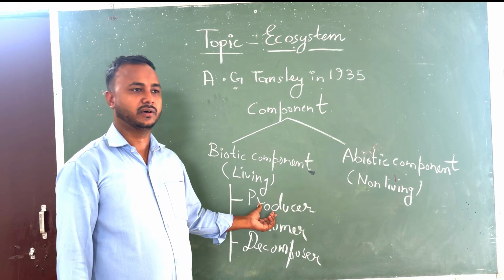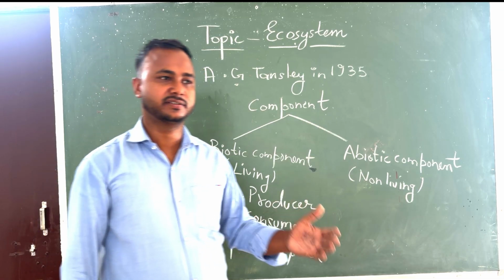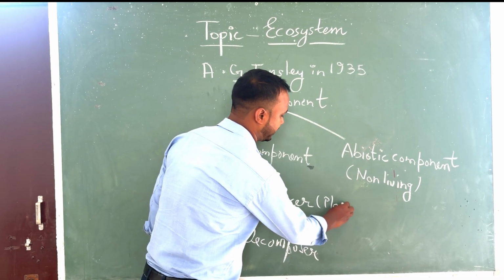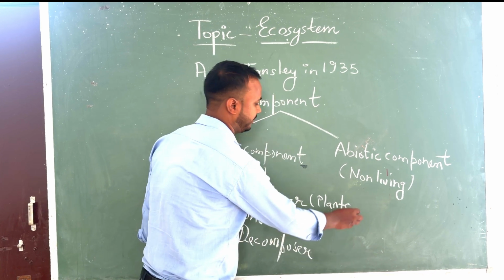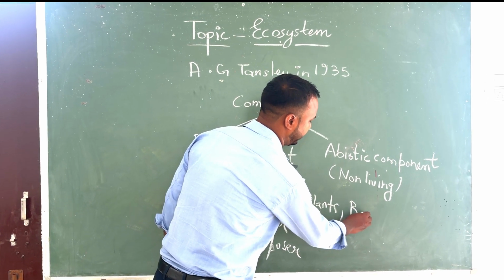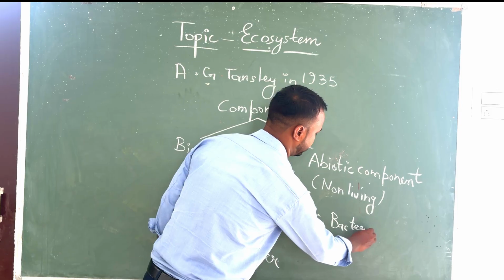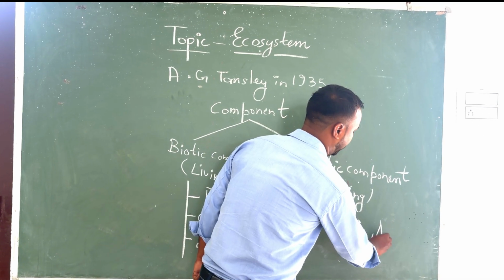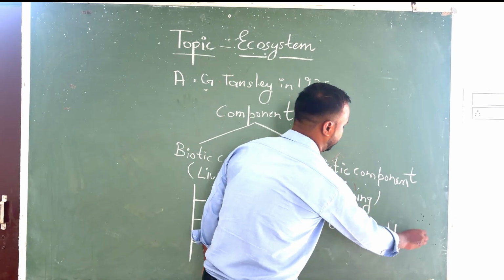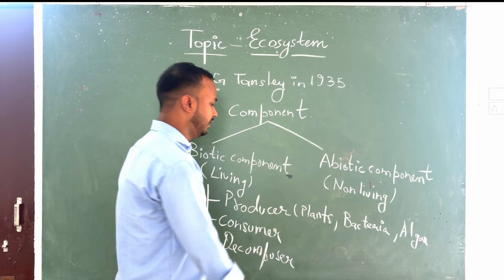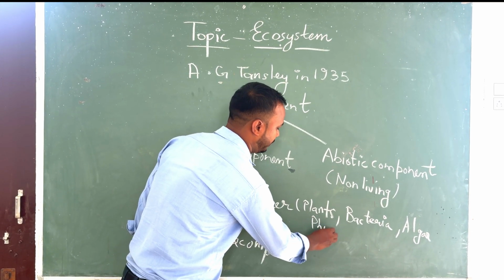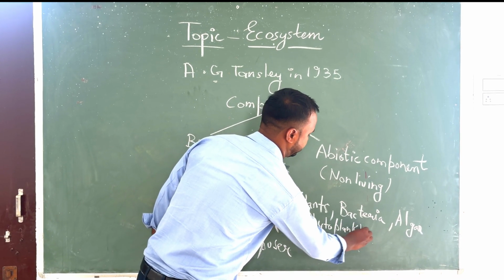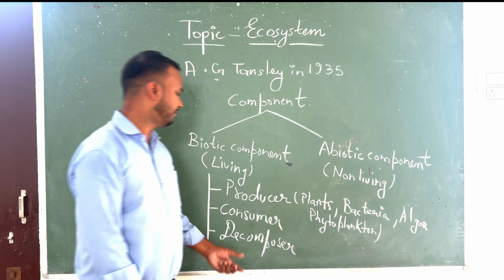Examples of producers are some plants, some bacteria, algae and phytoplanktons.